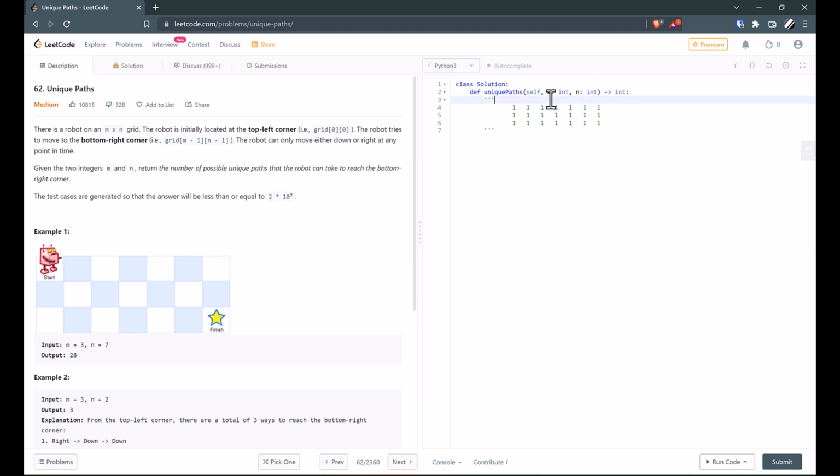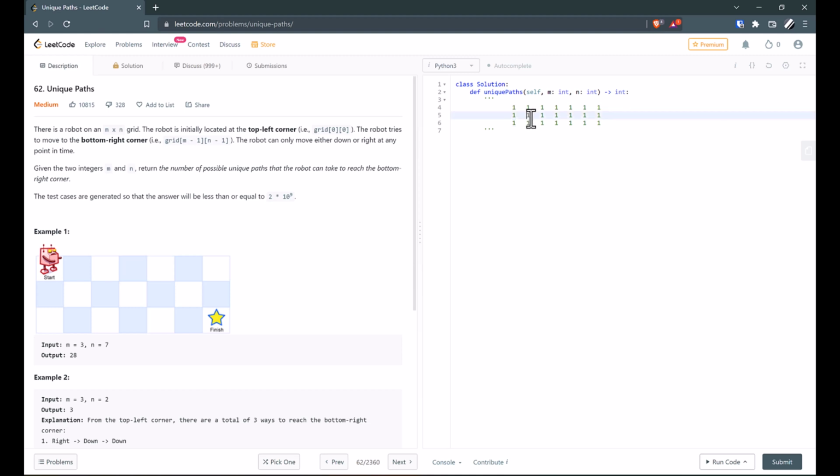Even if the grid size is 1 row and 3 columns, we can just move right first and then again right, and there are no other paths to explore to reach the end point. And same with the column. If we have one single column and multiple rows, it would again be 1.